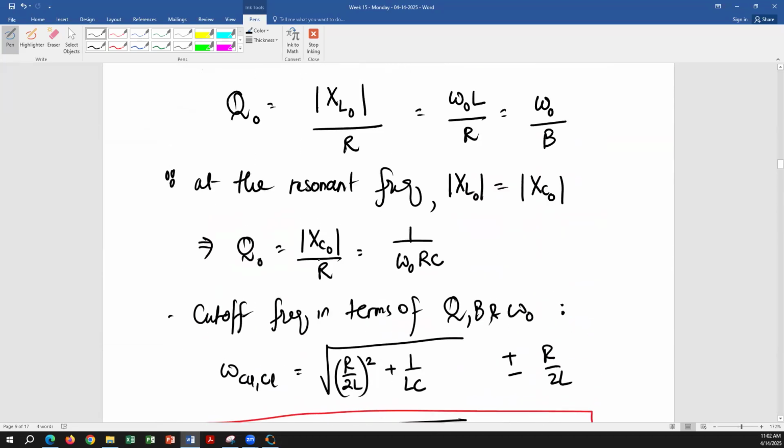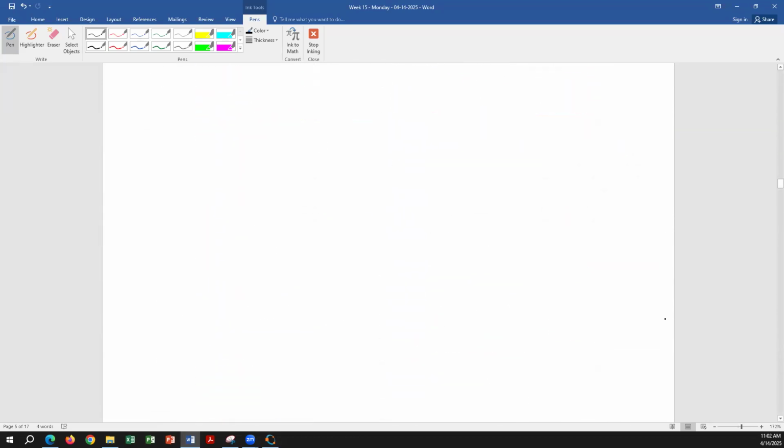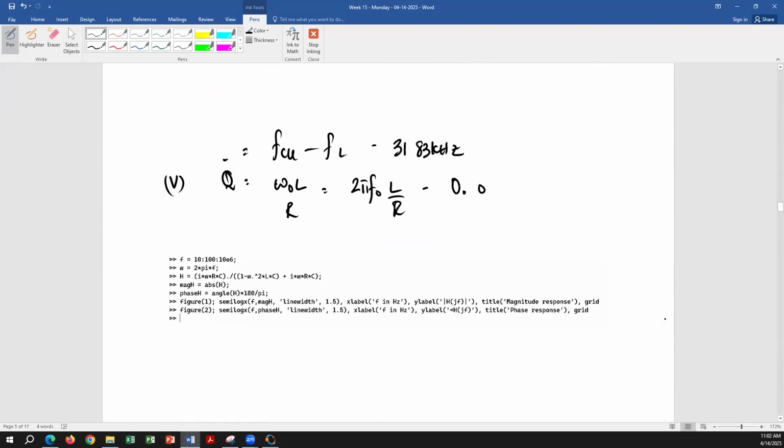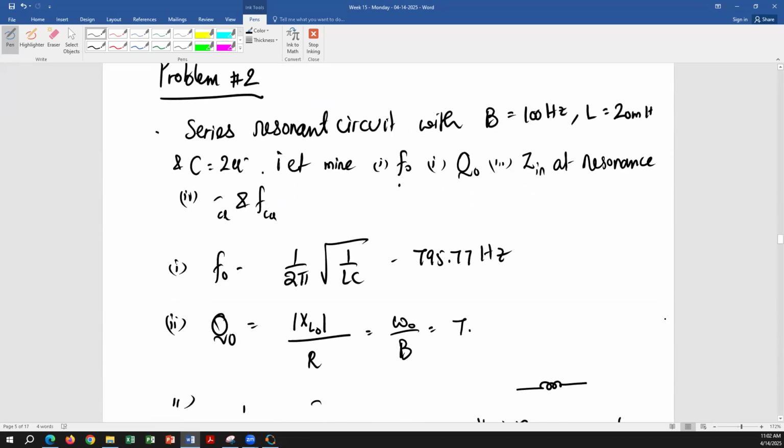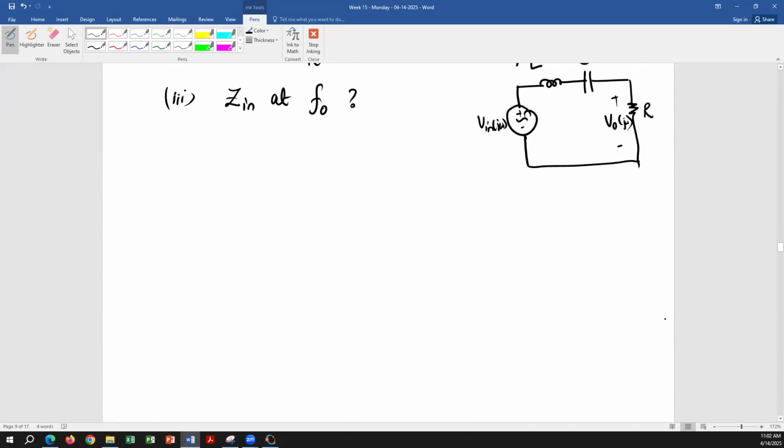So with Q, we can find the R value, XC naught over Q, or XL naught over Q. So Z in equals R at resonance, since the magnitude of XL naught is equal to the magnitude of XC naught.